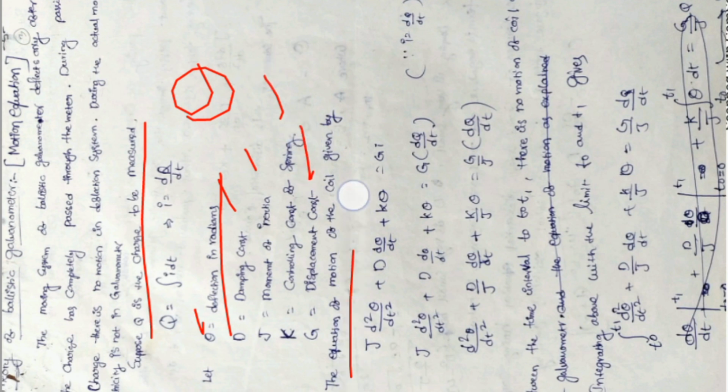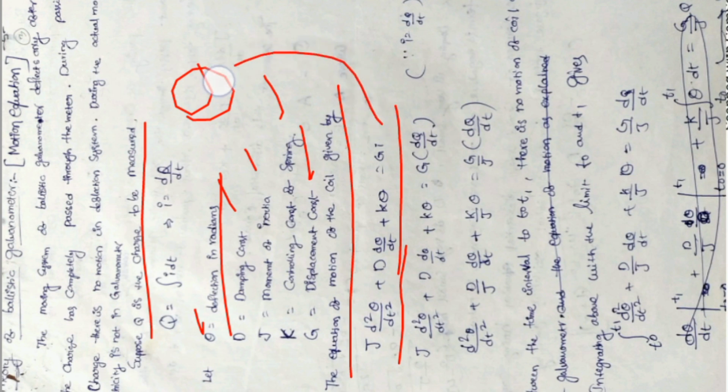The equation of motion of the coil is given by, according to control systems where we use a second order system, J d square theta by dt square plus D d theta by dt plus K theta equals G i. From that, we can replace I with dq by dt in the above equation.